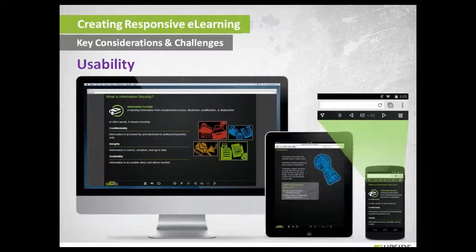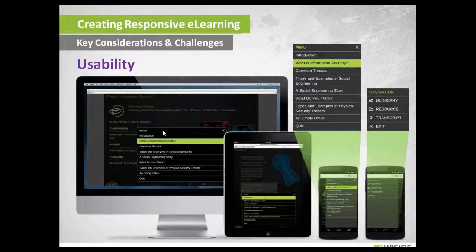As you can see in this image, on smaller devices the global navigation, like the next and back buttons, automatically moves to the top. And we also grouped the menus together under one section. So if you want to move from one page to another using a menu, you can click on it and it opens a drop down on a smaller device. You can click on any of these pages and move from one section to another.